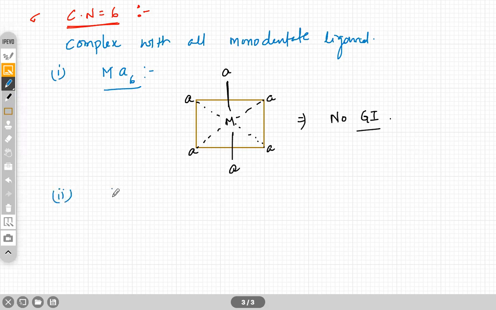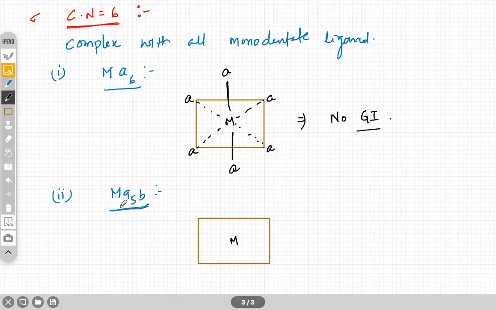Another type of molecule you see, MA5B type. 5 identical monodentate ligands, and one is different from the others. Okay, so how do we place this? Again, the geometry is octahedral. Metal is present here at the center, and wherever you want, you can place this B and the 5 A atoms.